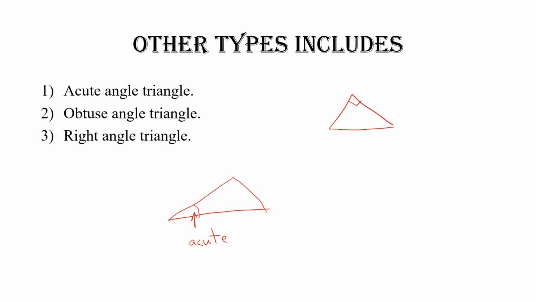And an obtuse angle triangle, most of them might look something like this. Good? And this will be your obtuse angle here. Right? So this angle will be obtuse because it is more than 90 but less than 180. And again, as I said, this could be an isosceles maybe, this could be an equilateral.